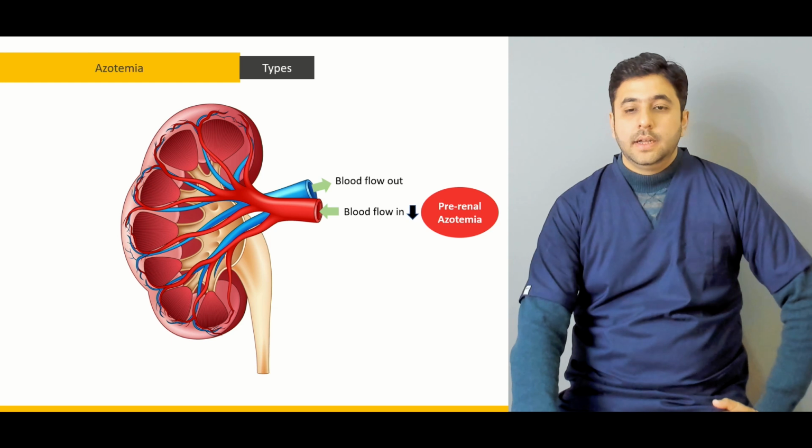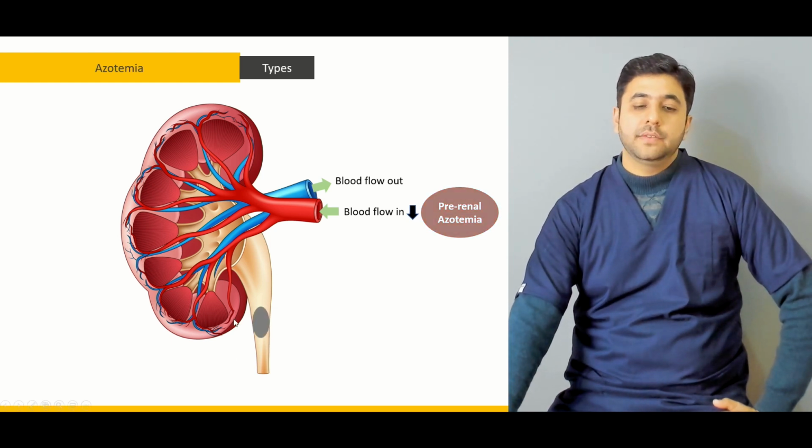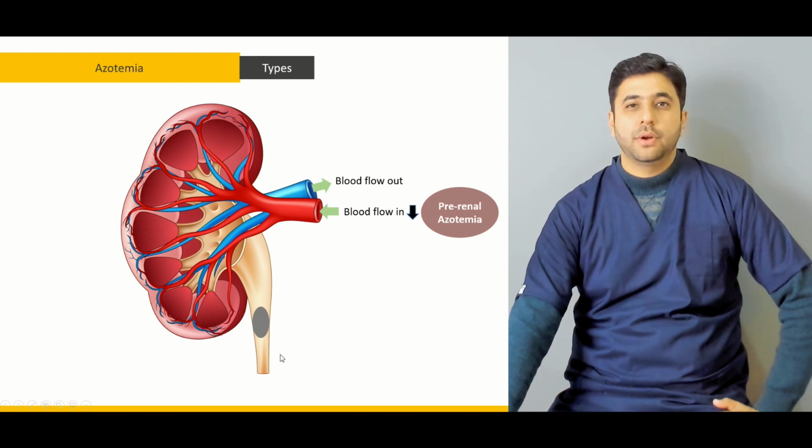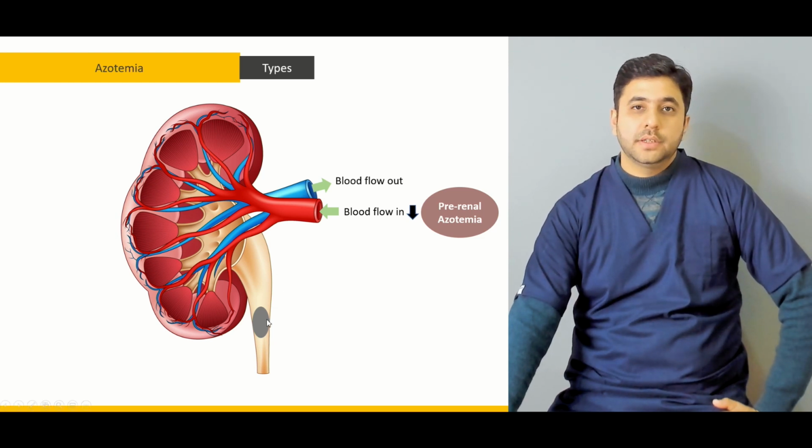Now, after prerenal azotemia, the simple one is anything which obstructs the outflow tract, the ureter. For example, BPH or prostate pathology in males and cervical cancer in females. Anything which can obstruct the ureter, and for it to be clinically significant, the obstruction has to be bilateral.